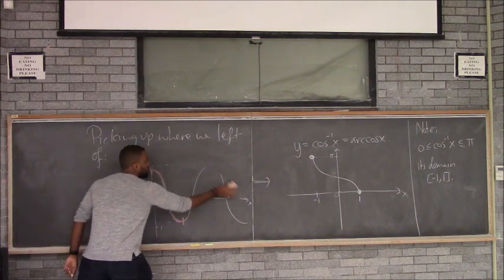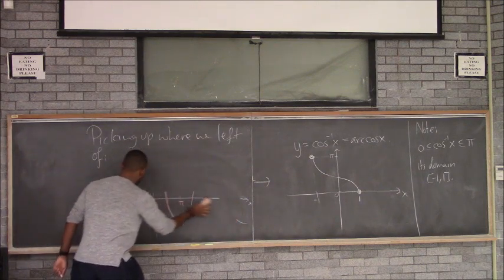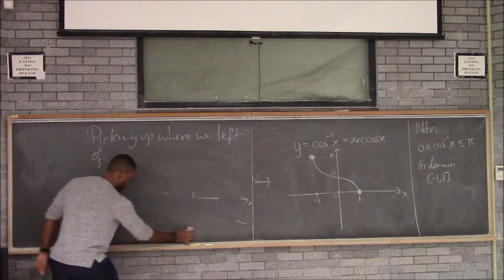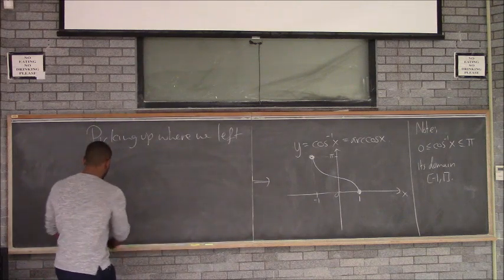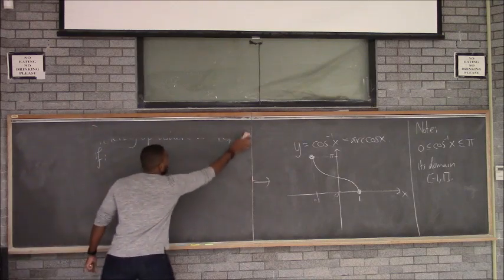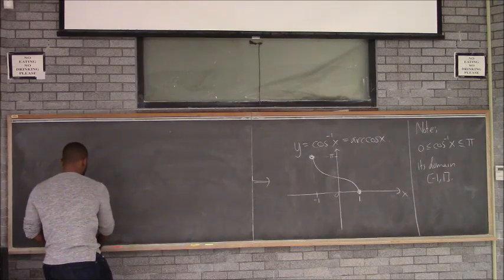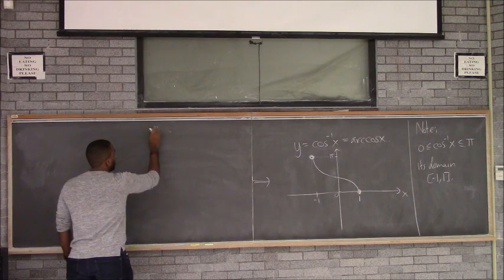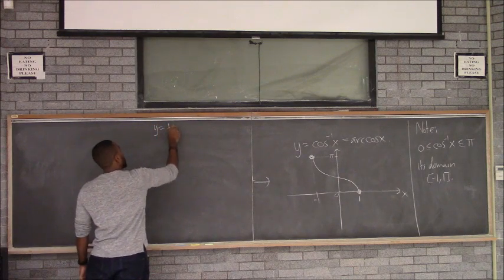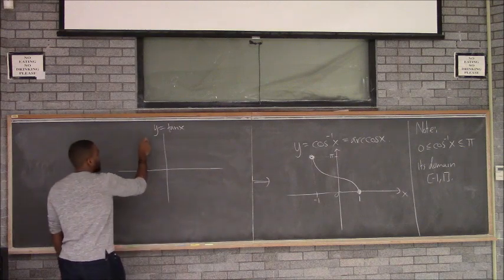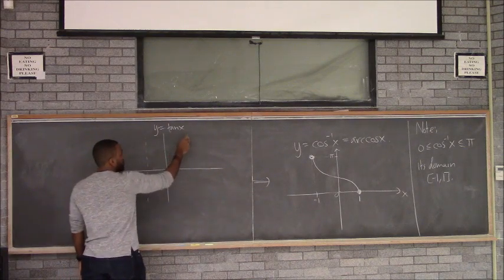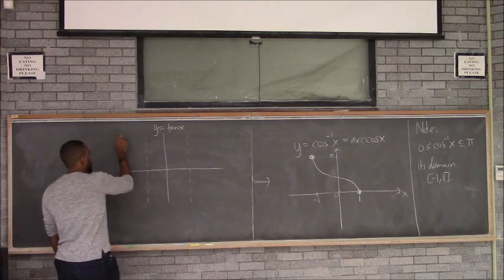We can also do the tangent. Remember the y equals tangent graph. That has a bunch of vertical asymptotes that it cannot touch.